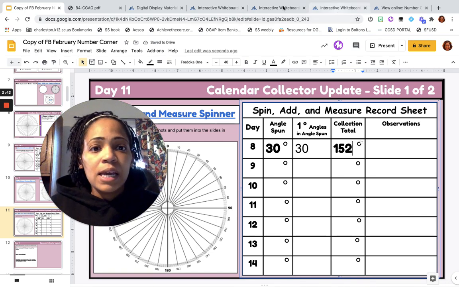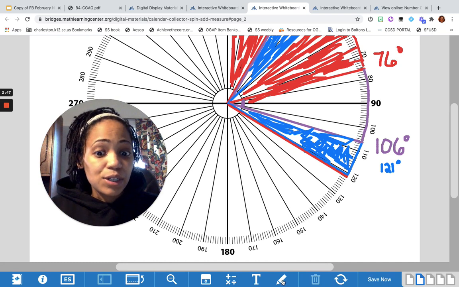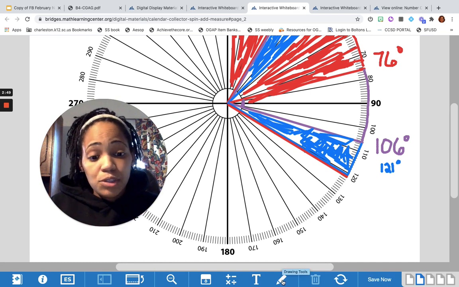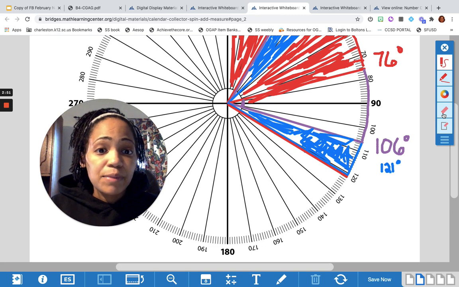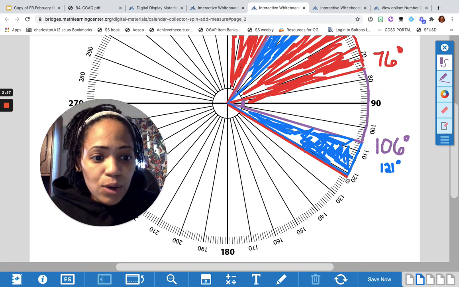152 degrees. And just to test your memory of the new vocabulary term, or just a review of vocabulary terms that we've been talking about, how might you describe our new angle now that we are at 152 degrees?